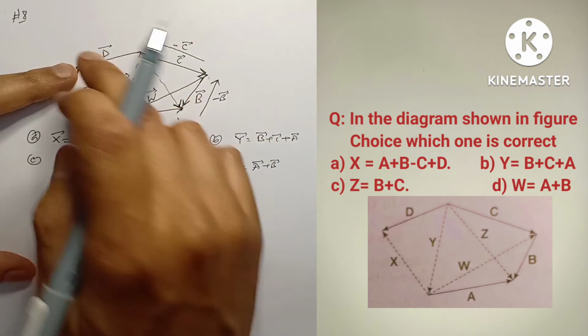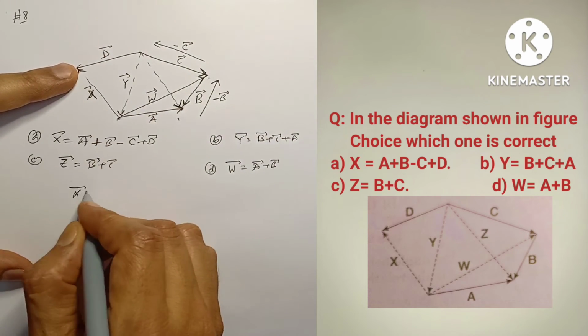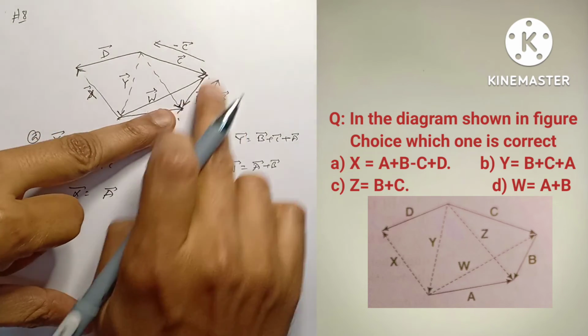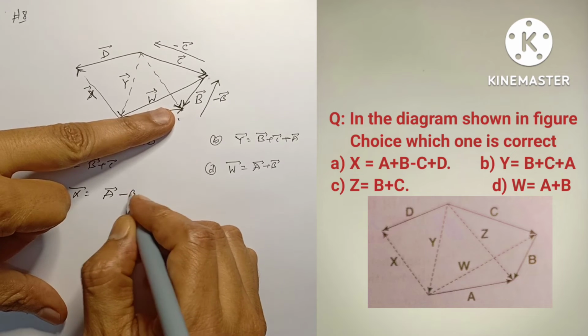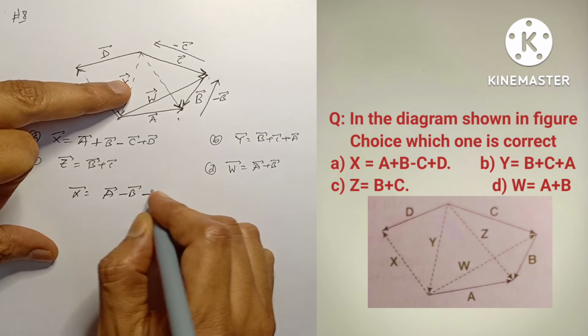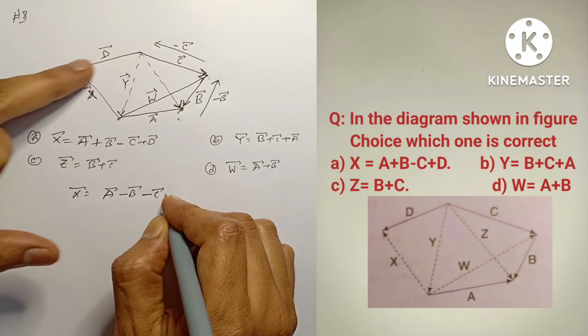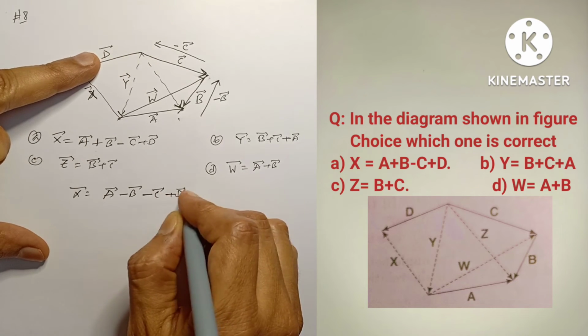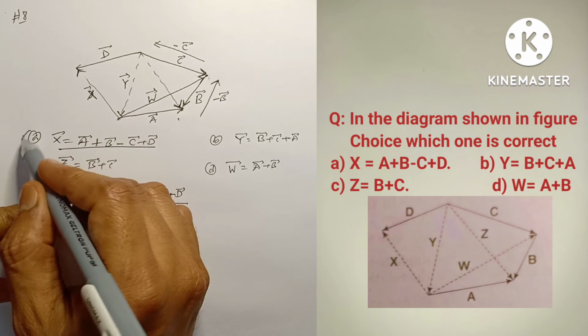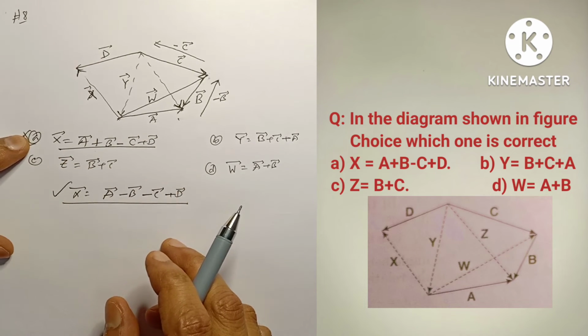So we can write x vector equal to a vector along this direction, plus minus b vector, minus c vector, and plus d vector. This is the correct form of x vector, but they give an incorrect one, so option A will be incorrect.